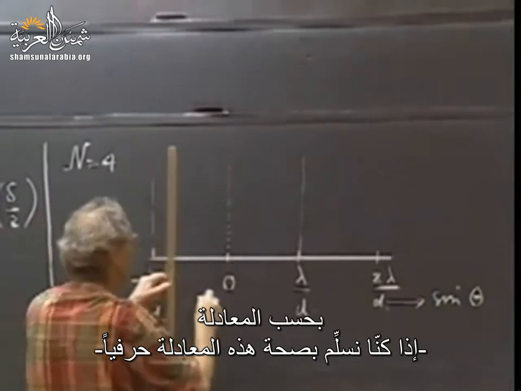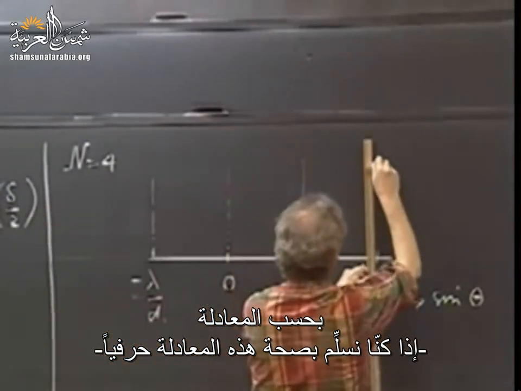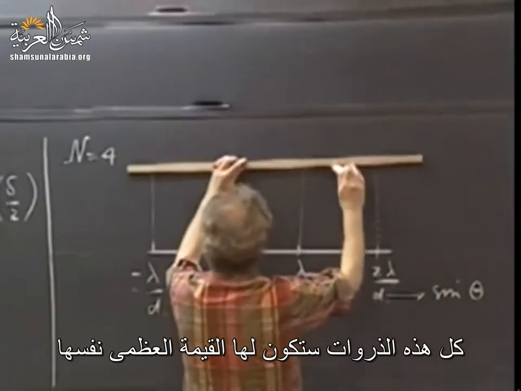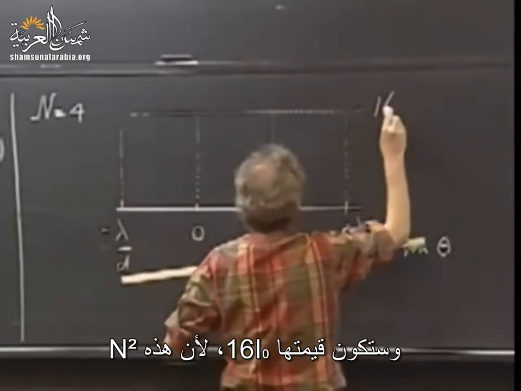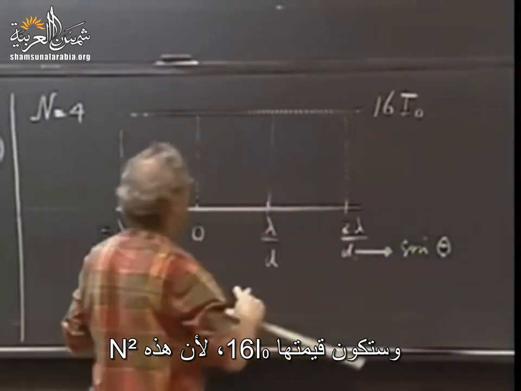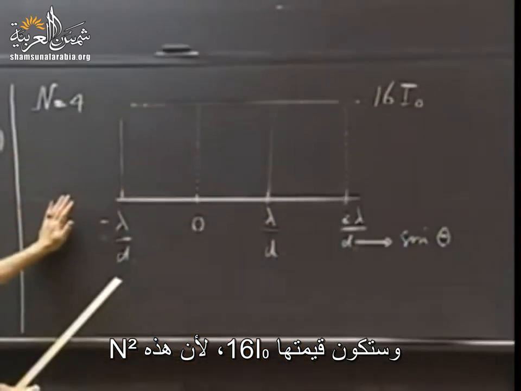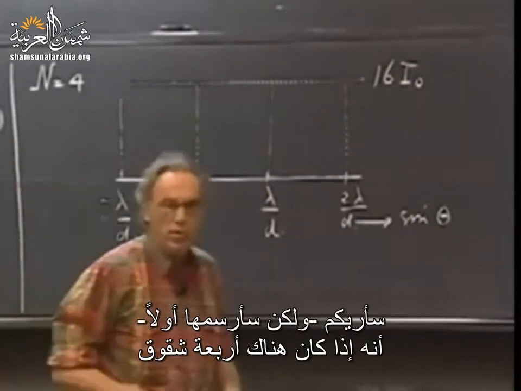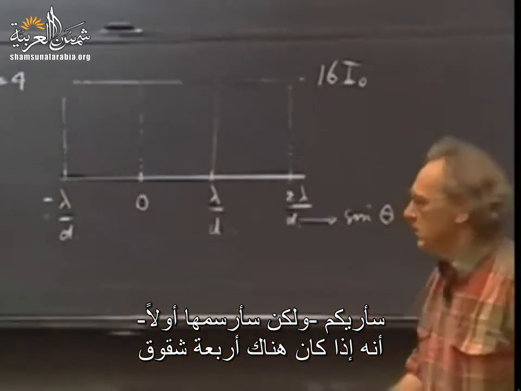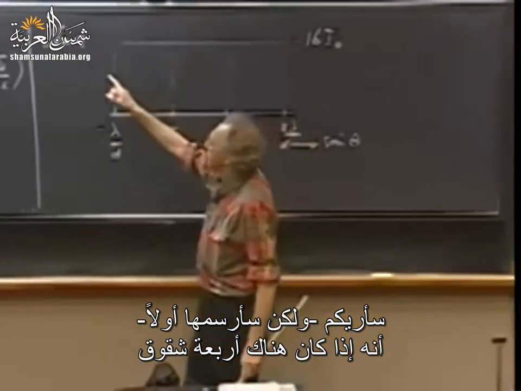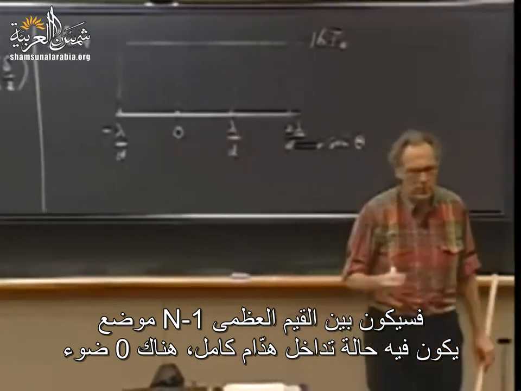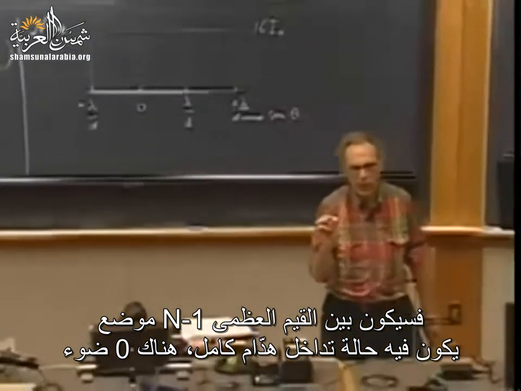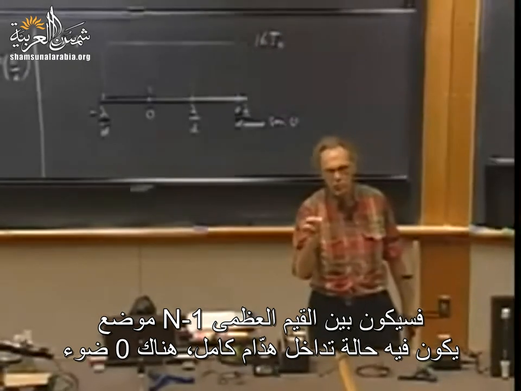And according to the equation, if you really believe that equation verbatim, then all these peaks would have the same maximum, which would be 16 I0, because this is the n squared. And I will show you, but first I will plot it, that if there are 4 slits, then in between the prime maxima, there are n-1 locations whereby you have completely destructive interference.